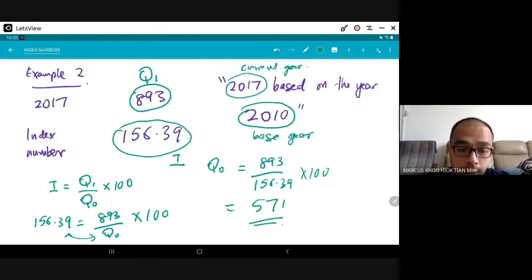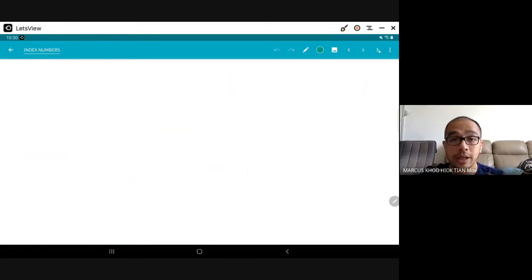All right, one last example. Take a look at example 3. Example 3 is a little bit complicated, so I want you to listen carefully. But again, as I said before, we must understand which is the base year. Example 3 says the price index of a bicycle in the year 2018 based on the year 2010.